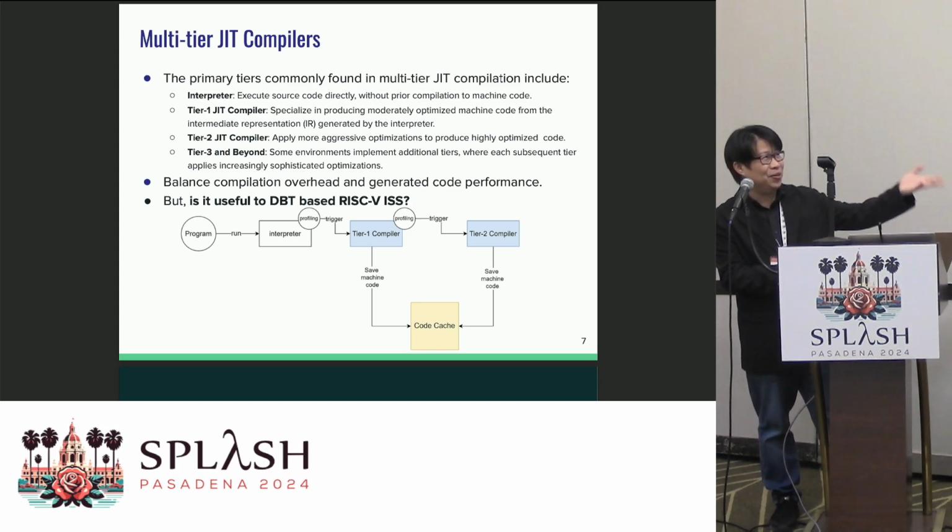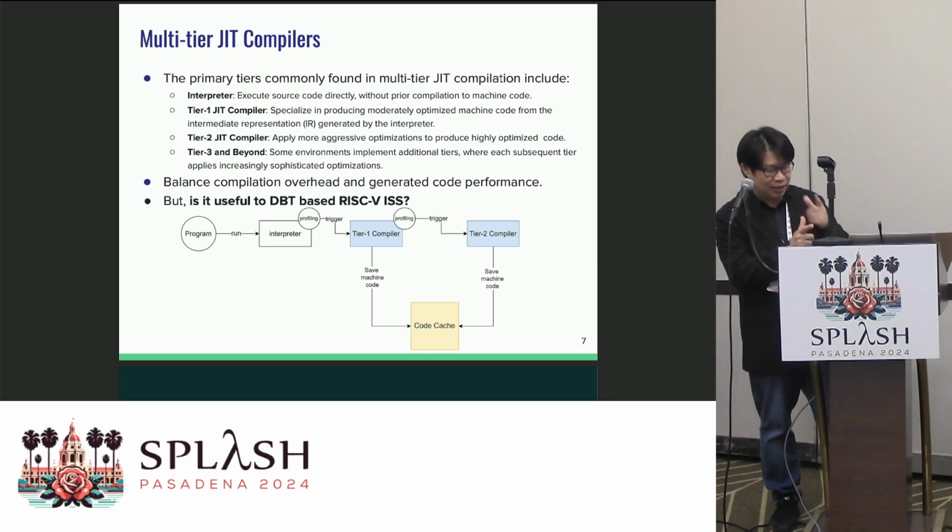I think most of you are already familiar with multi-tier JIT compilation. The idea behind multi-tier just-in-time compilation is that we can convert complex operations into much smaller ones. The first tier usually just nails down the scope for instruction dispatch, operations, or even the type systems.